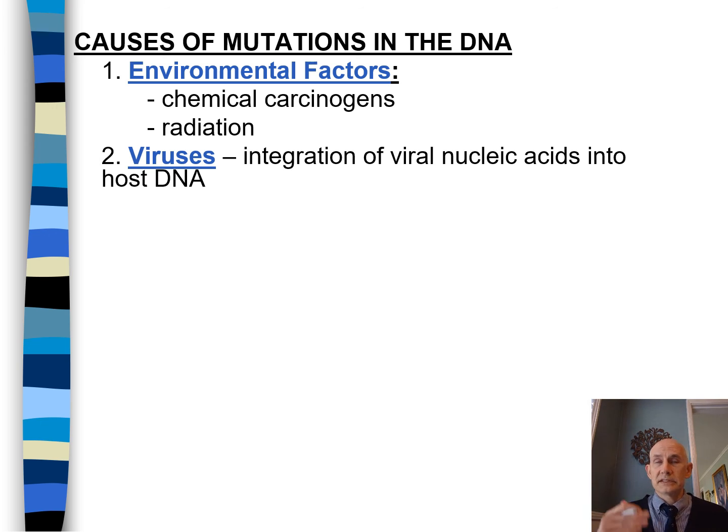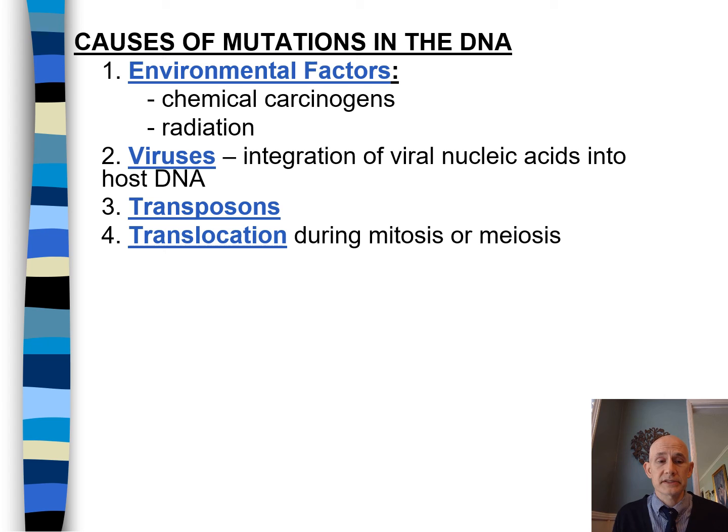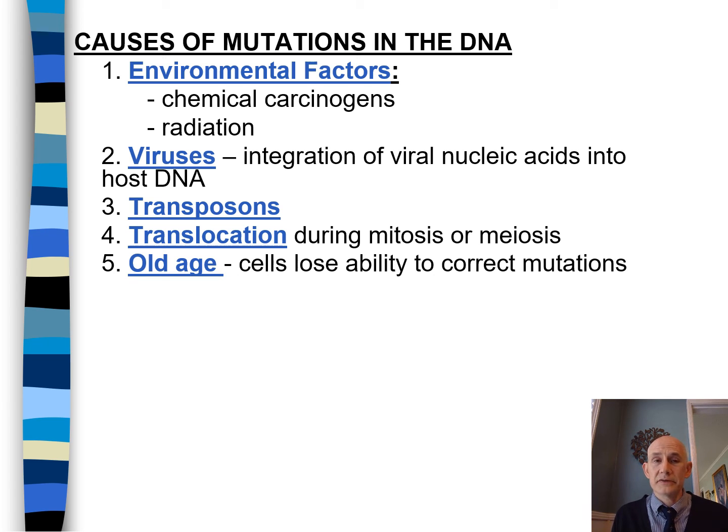Viruses, such as the HPV virus, that can cause cervical cancer. Other viruses, they get in there, they can disrupt genome and control systems. The random jumping of genes into other genes can trigger cells to become cancerous. Errors in mitosis and meiosis. As you get older, you get more and more mutations.